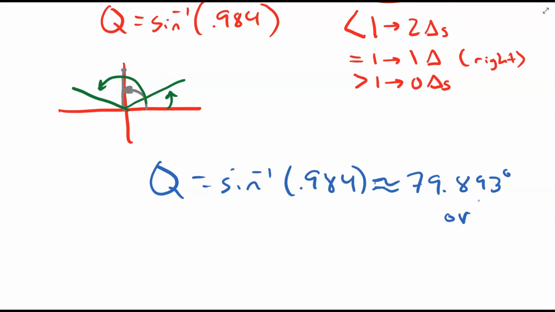So that's one answer. How do I find the other answer? So this angle here is 79.893, right? So this angle over here that the terminal side makes with the x-axis is also 79.893. So how do I find the standard position angle? This one right here.